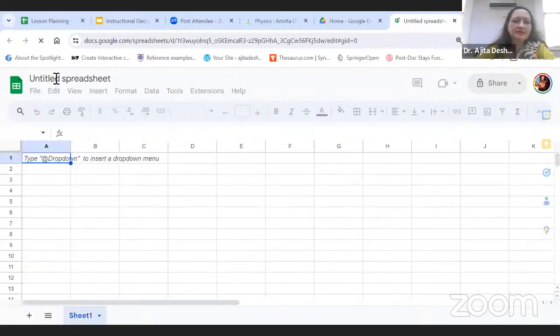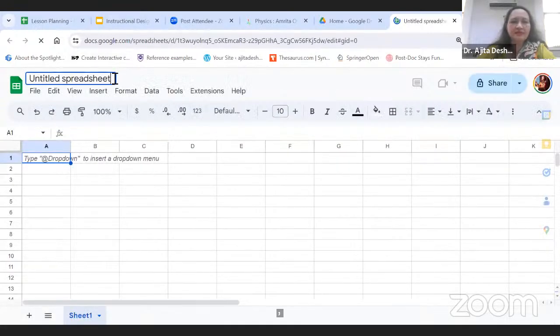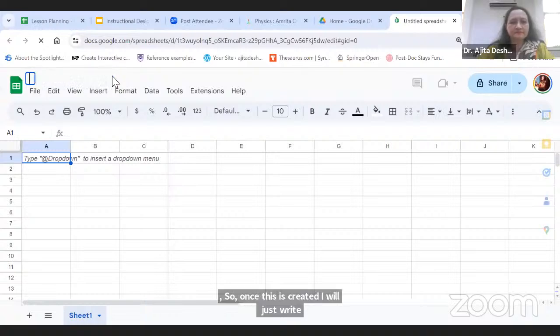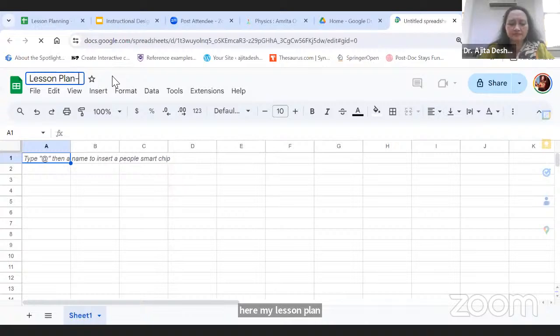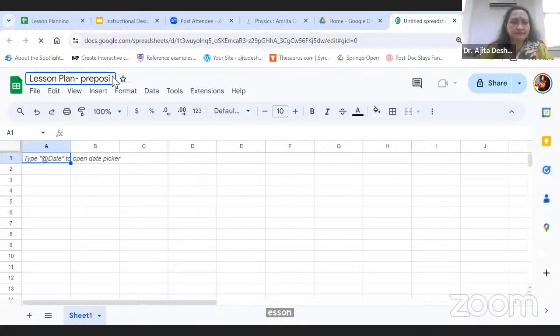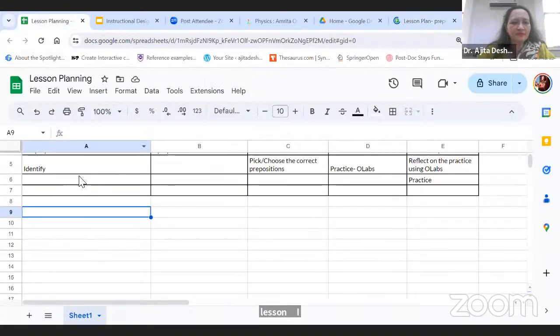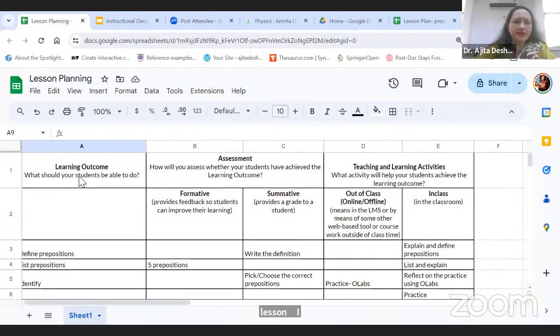So once this is created, I will just write here my lesson plan for, let us say, prepositions. Enter, and then I have to type here. So I'll just pick up from here what we had written. Learning outcome.